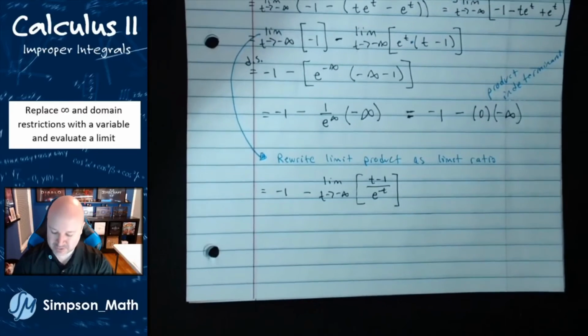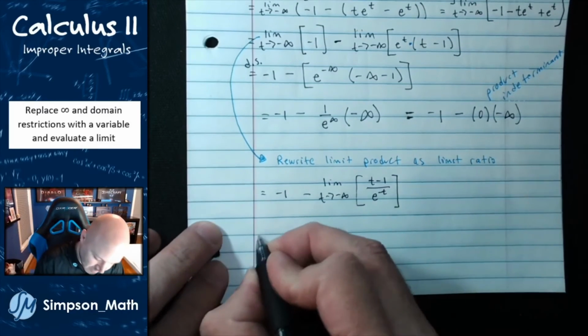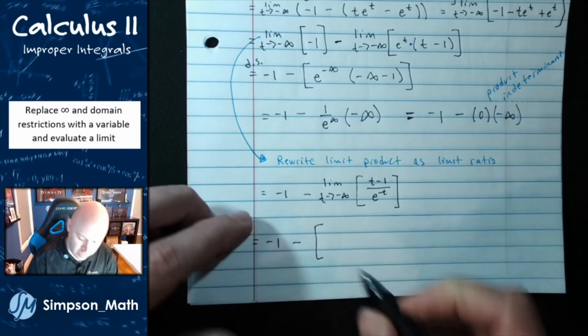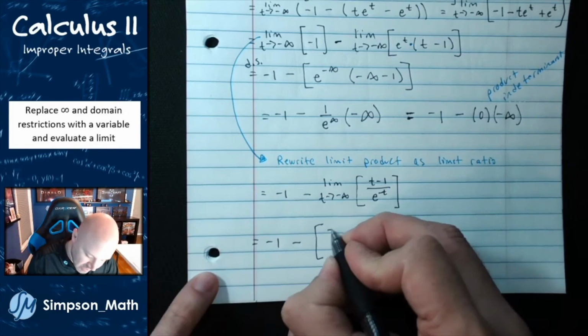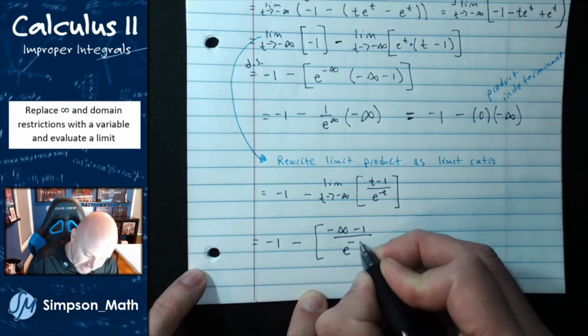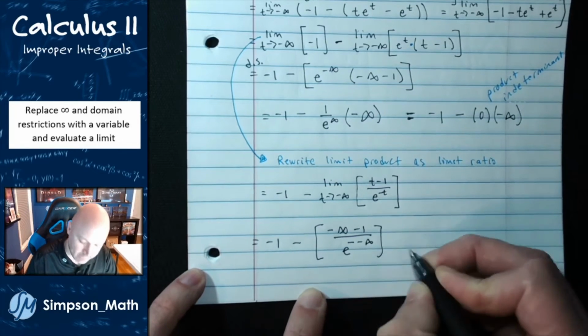Now when I try direct substitution, let's see what happens. Plugging in negative infinity, I have negative infinity minus 1 up top and e to the negative infinity down below.